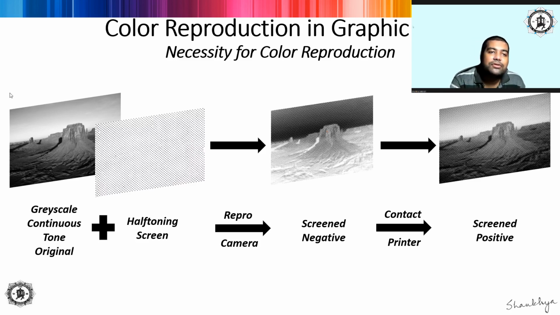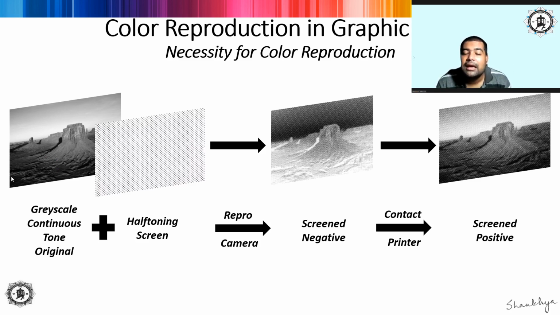So this is your continuous tone. On the extreme left you have this continuous tone original, which is to be reproduced in a transparency. But our aim is to print the image on a piece of paper or any other substrate for that matter. And most importantly, it is not a relief or recess process.